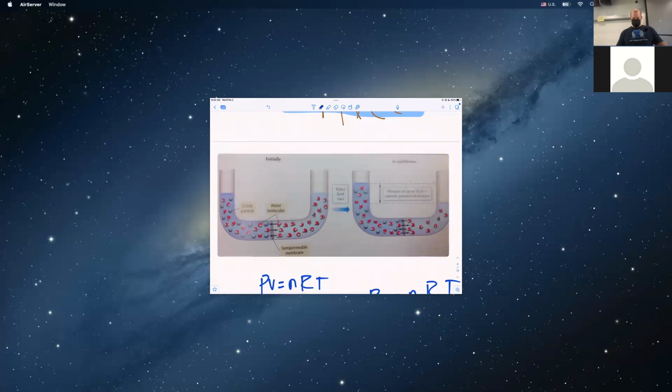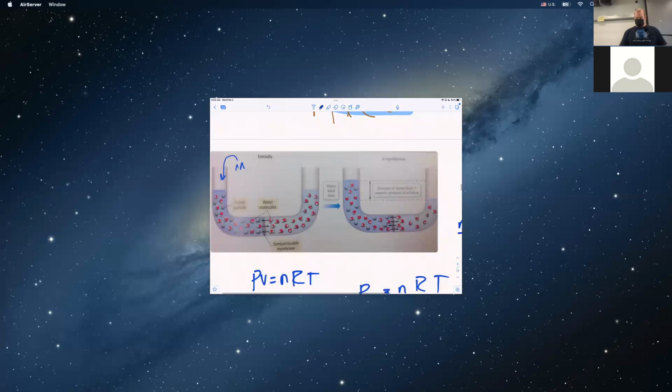If we wanted to figure out the molecular weight of a protein, and proteins are huge molecules, say I wanted to figure out the molecular weight of the spike on the COVID-19 protein, I could take a bunch of spikes, toss them in there, and then wait.